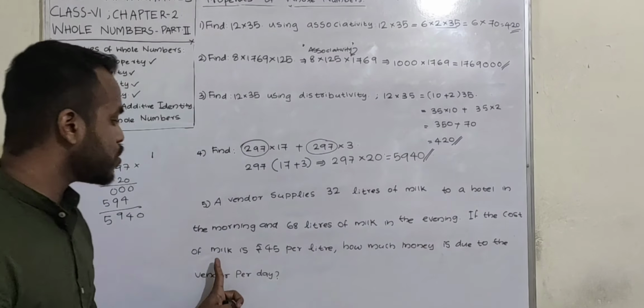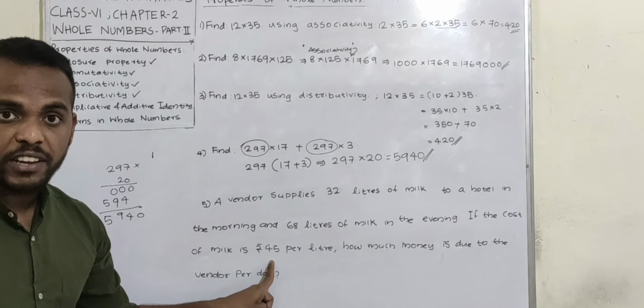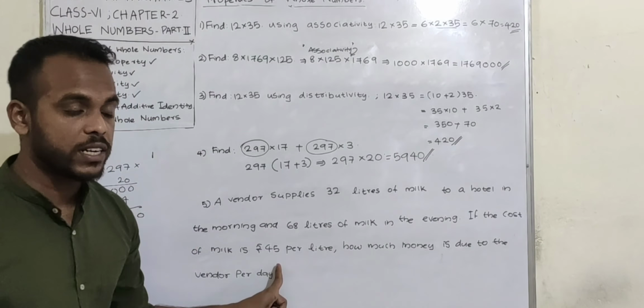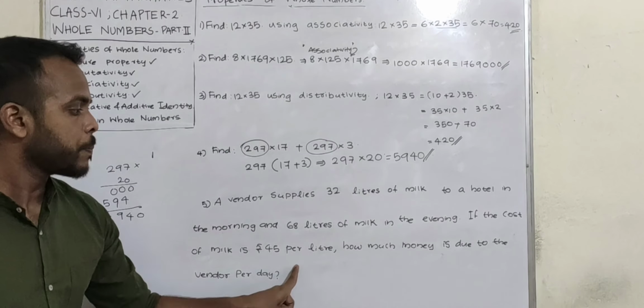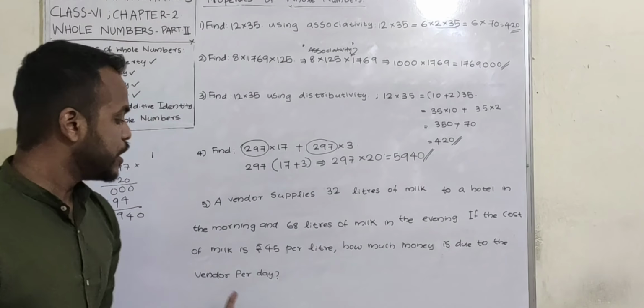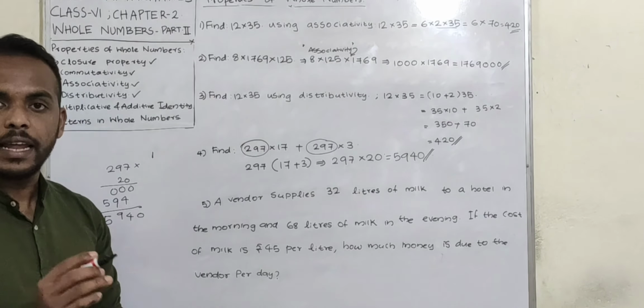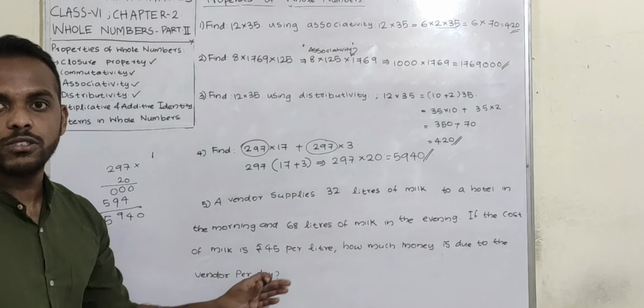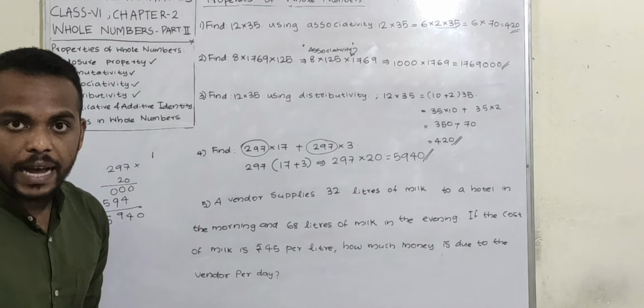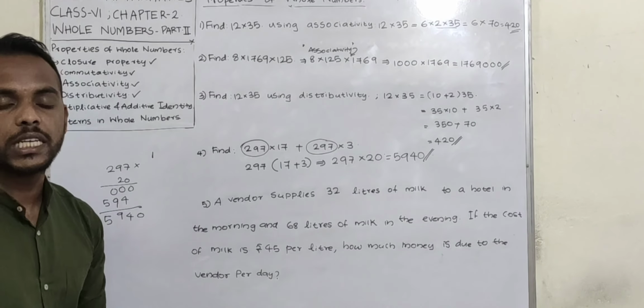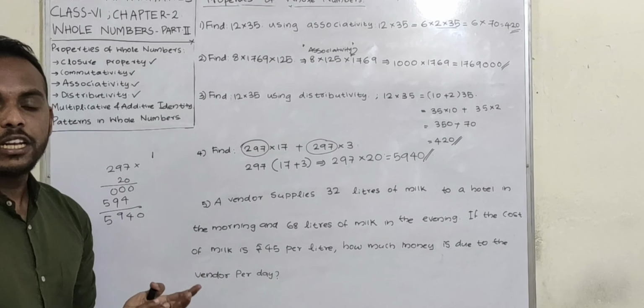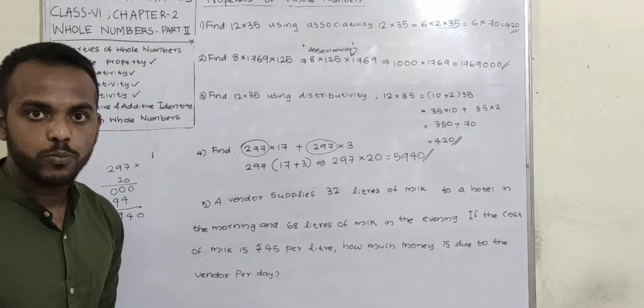If the cost of milk is rupees 45 per liter, then how much money is due to the vendor per day? For finding this, we can use two different methods, but since we have learned the properties of associativity and distributivity, it can be done easily using the two properties.